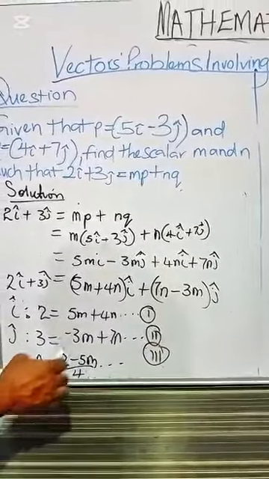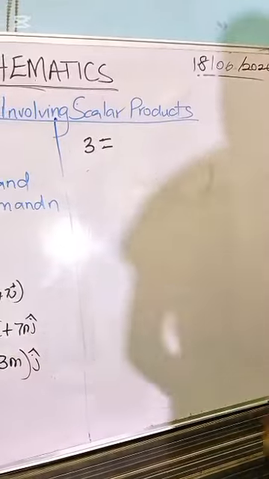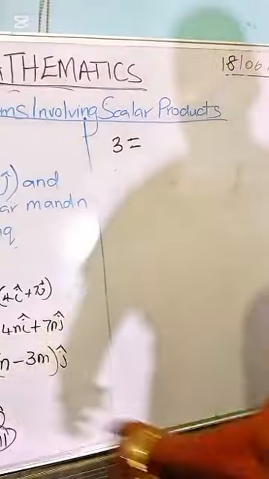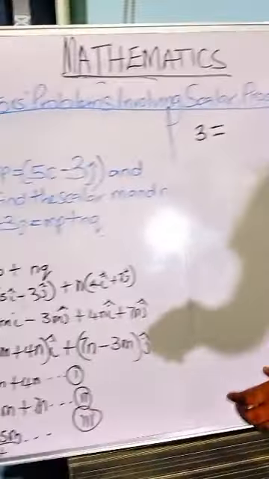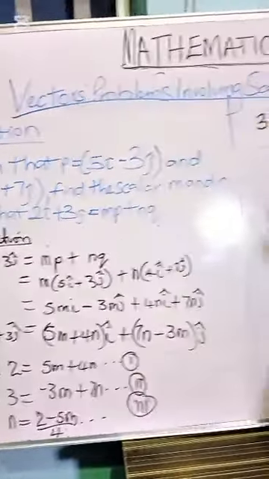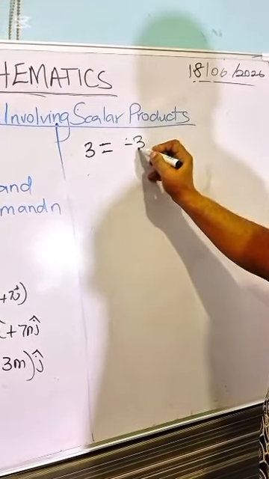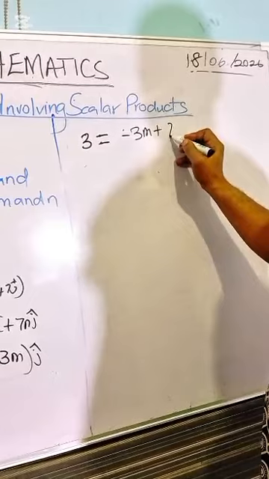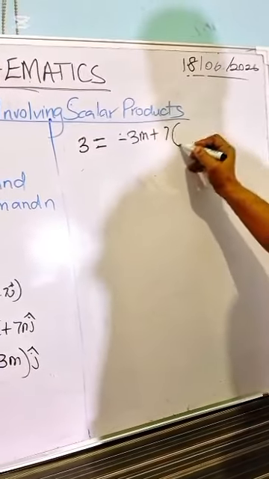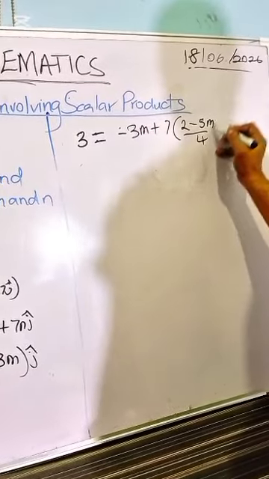We have to substitute that into equation 2. So we have 3 is equal to negative 3m plus 7n, where we now replace n with 2 minus 5m all over 4.